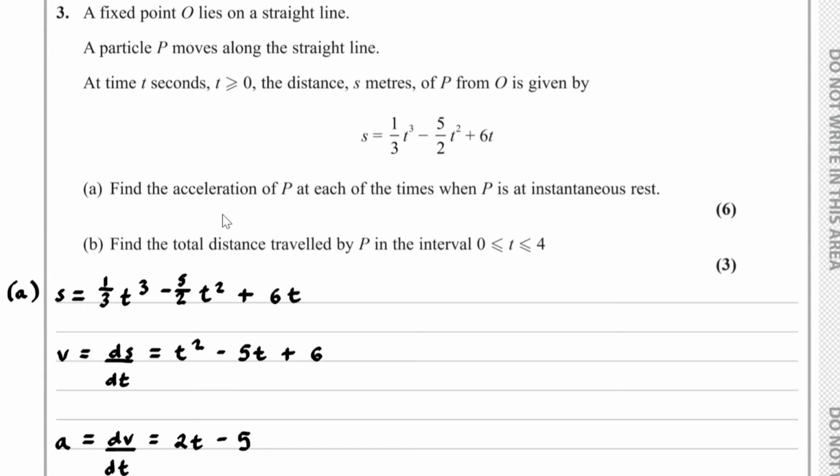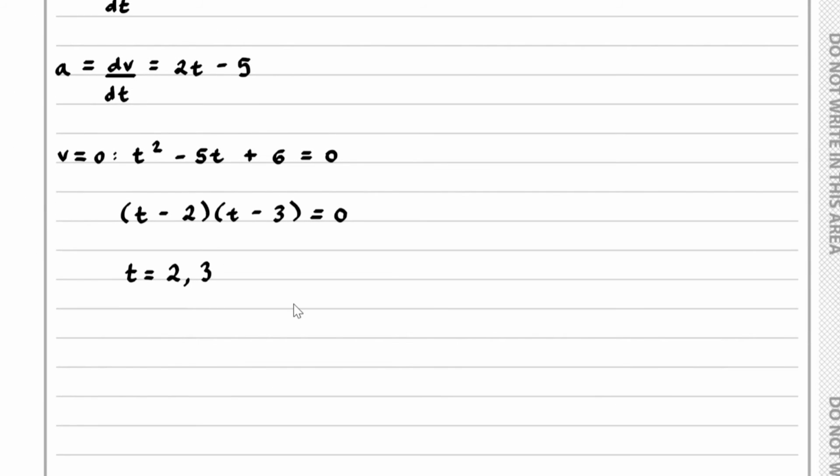And what we are required to do in this question is to find the acceleration of P at these times. So, when t is equal to 2, a is equal to 2 multiplied by 2 minus 5, which is minus 1 meters per second squared.